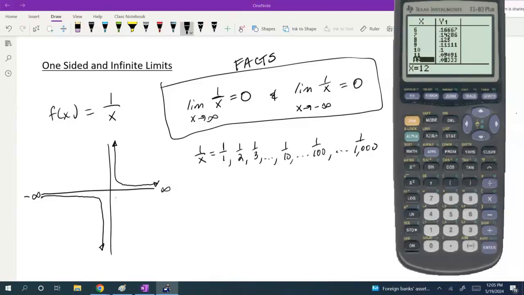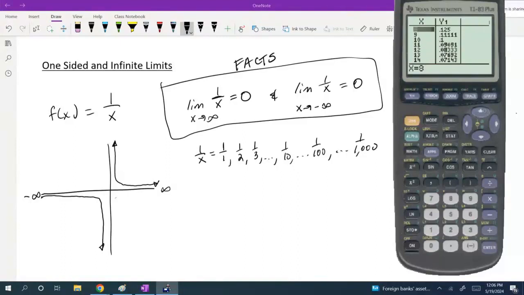Just notice what happens. It gets closer and closer to 0, but will never actually hit 0. The same thing happens as x approaches negative infinity. I'm going to scroll up.